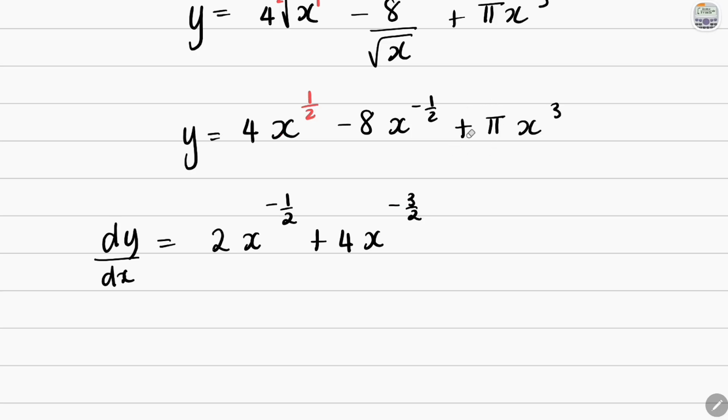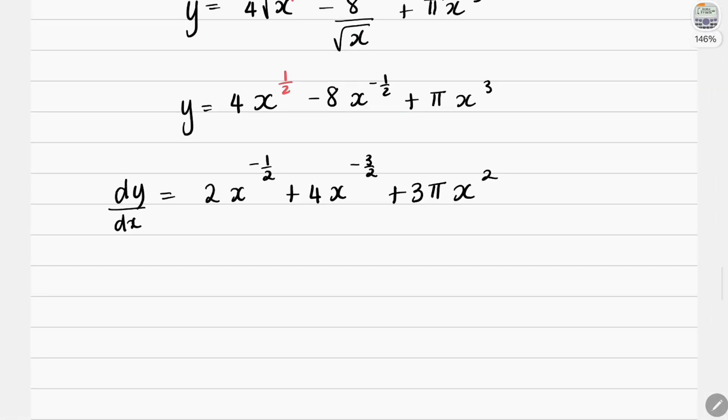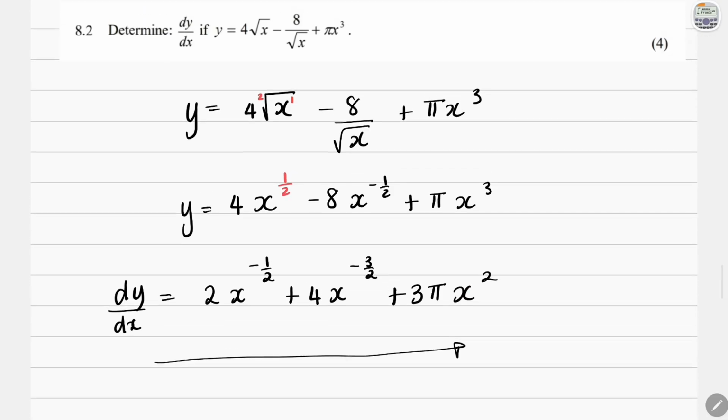And then coefficient times exponent, that's going to be positive 3 pi, and then x, exponent minus 1, which is 2. Pi is a number, so 3 times pi is 3.14 and then keeps going. It's still a number. At this point, you can leave your answer like this. You can choose to also rewrite these bases with positive exponents as well.